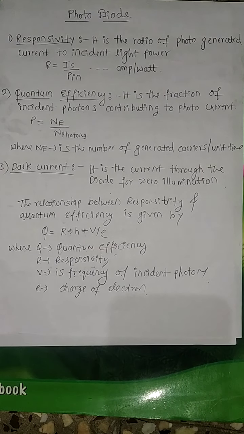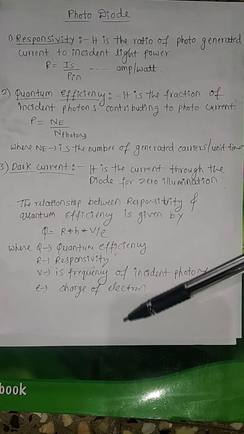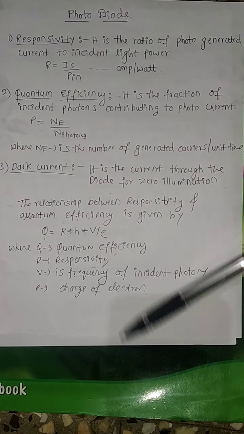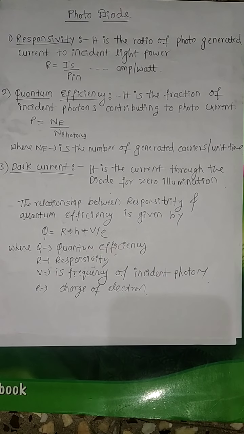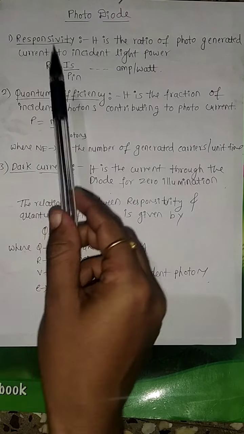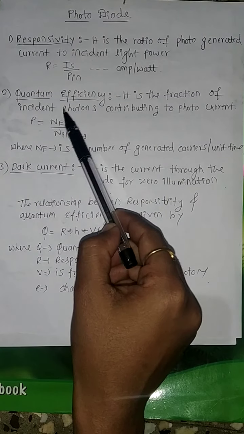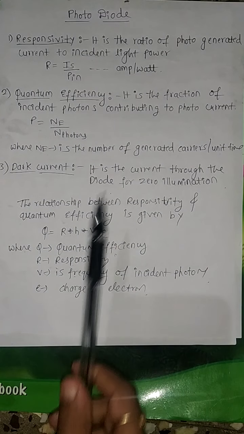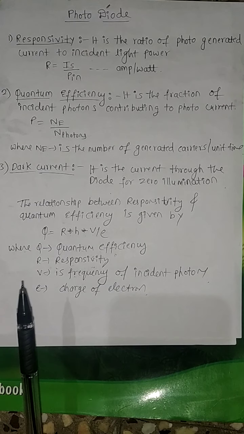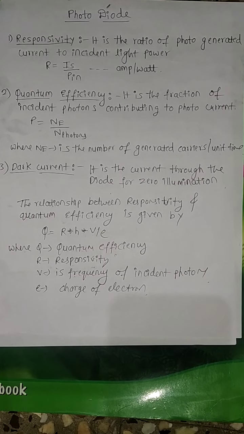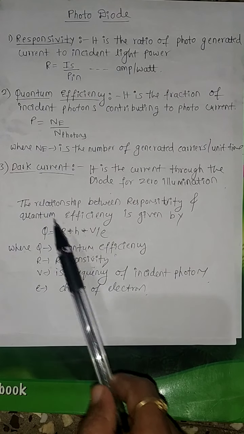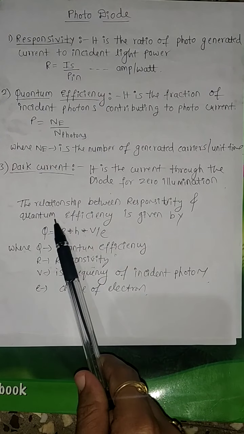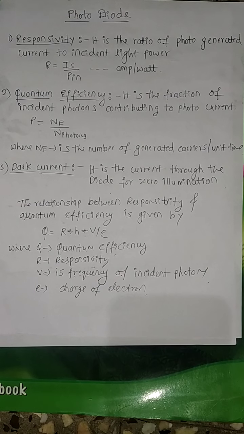Here I have given a 2 marks question. Out of these 4, any 2 marks question can come. They can ask to define responsivity, define quantum efficiency, or ask what is dark current. Otherwise they can also ask the relationship between responsivity and quantum efficiency.